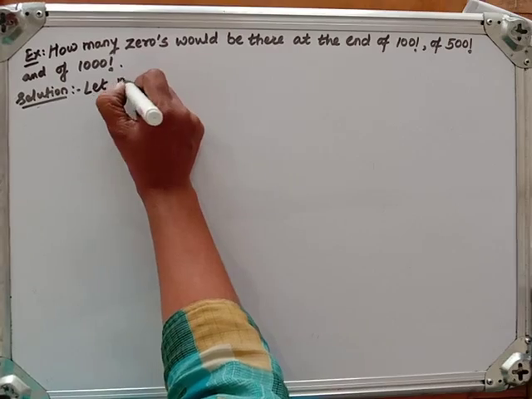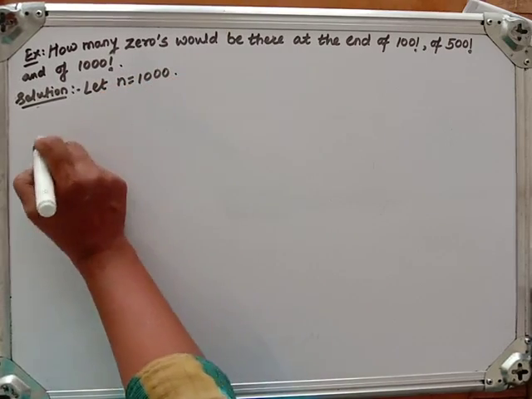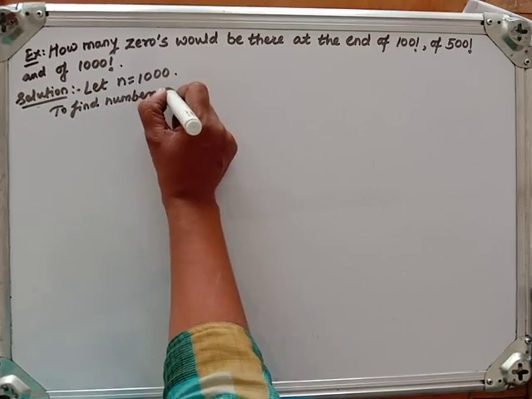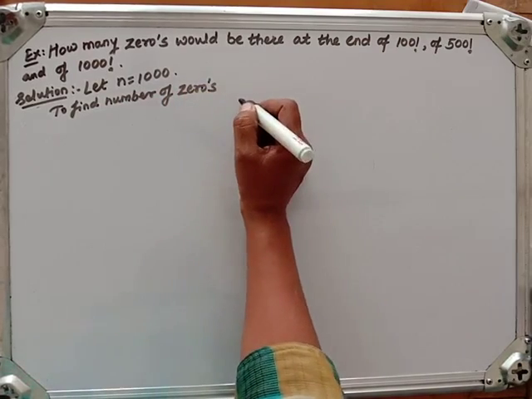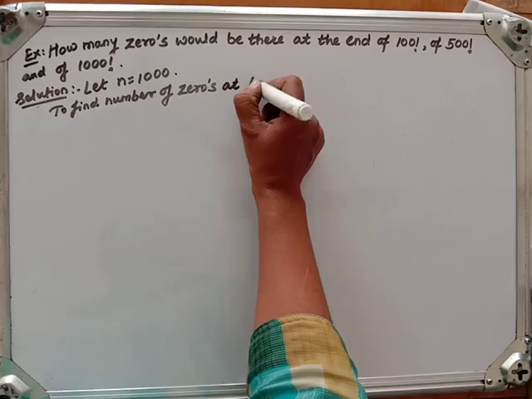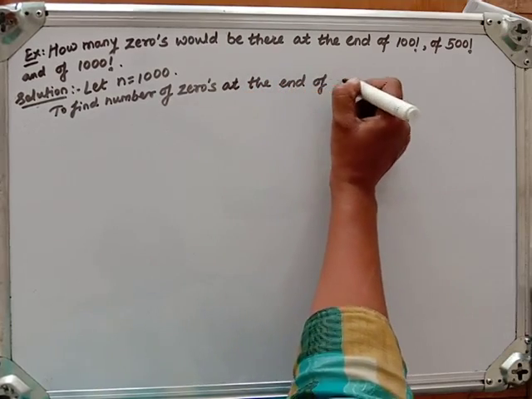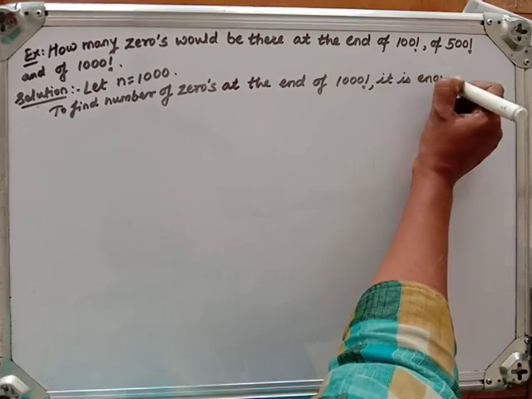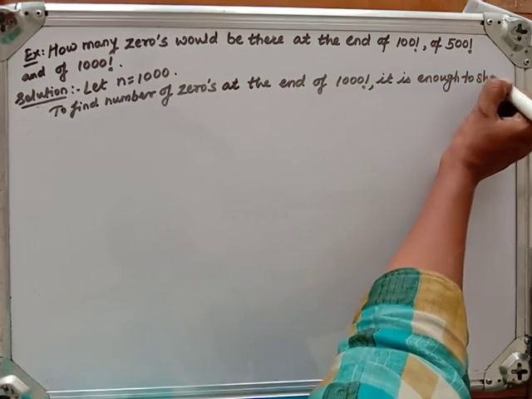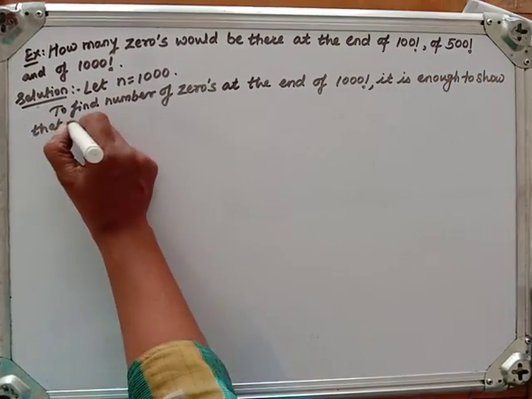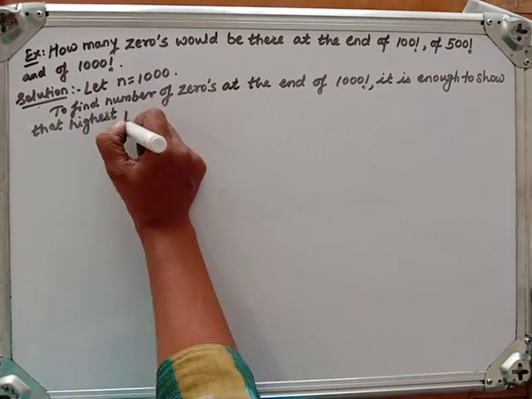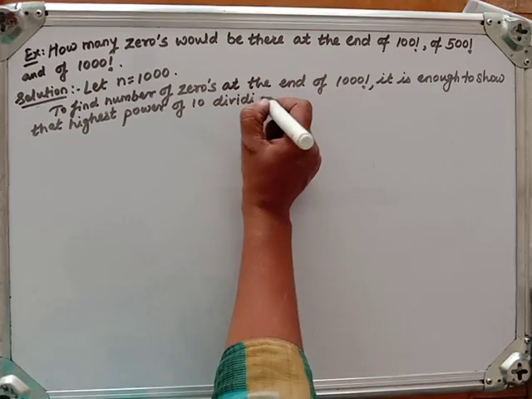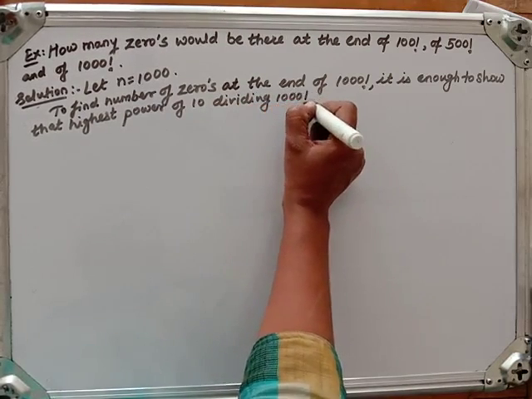Now the next one, let n equal to 1000. To find the number of zeros at the end of 1000 factorial, it is enough to show that highest power of 10 dividing 1000 factorial.